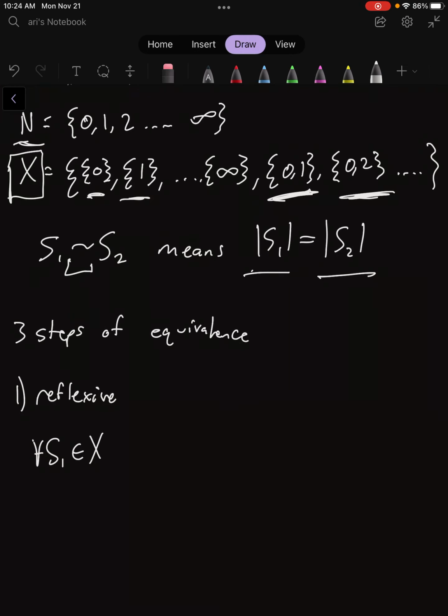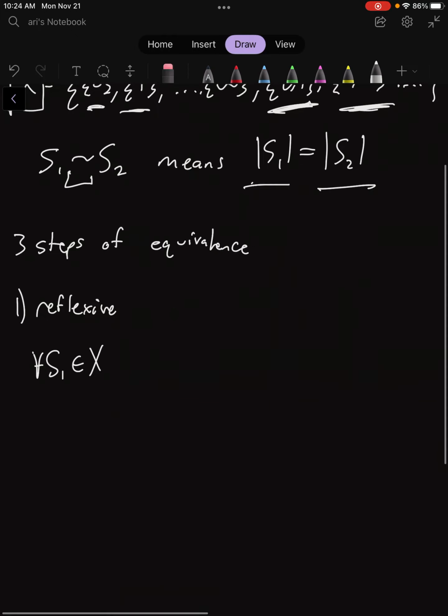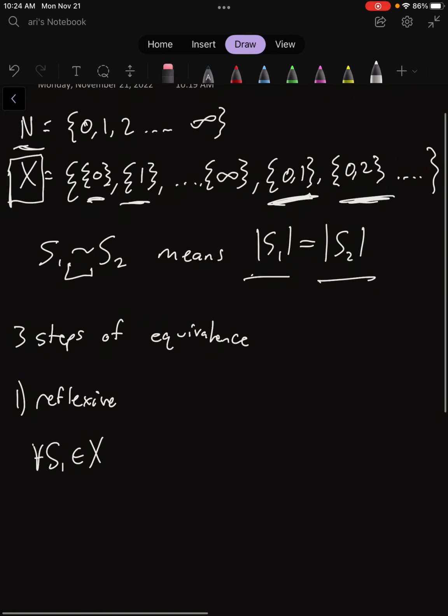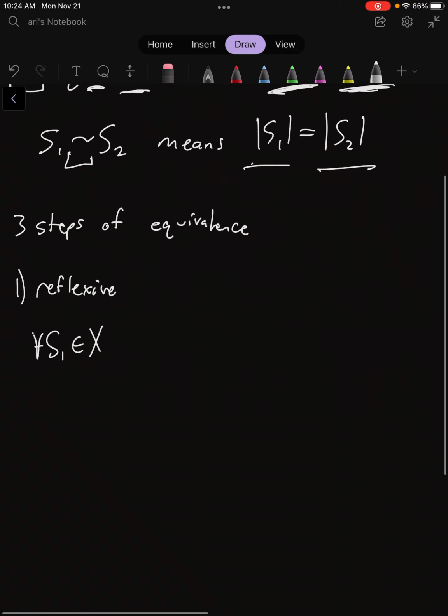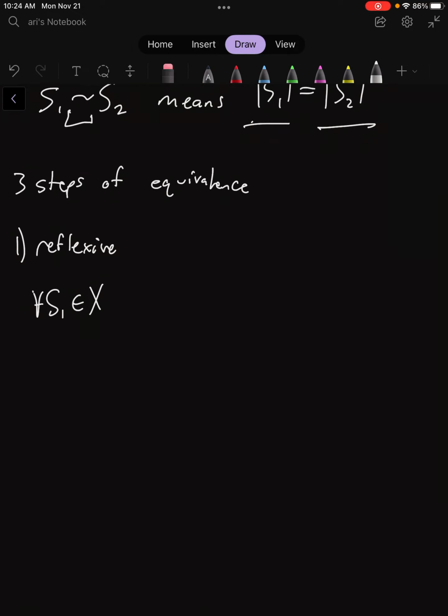It could be the entire set of N, because the entire set of N is in X. Hopefully that's clear. X contains all the subsets of N, including the entire set of N. So for every S1 in X, S1 tilde S1. That's what reflexive means.